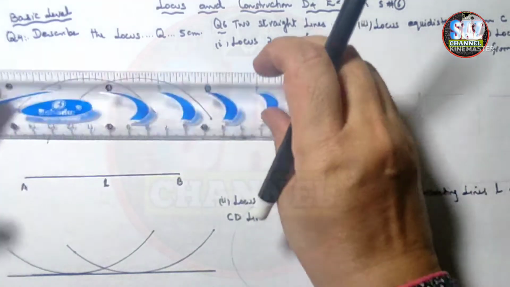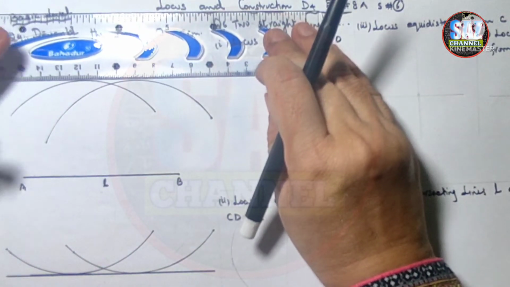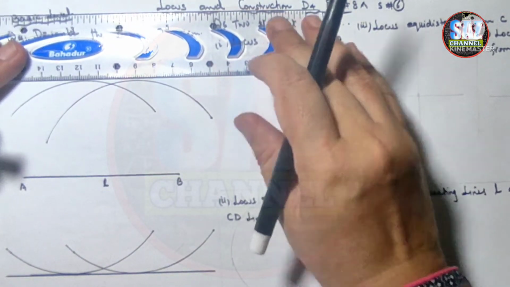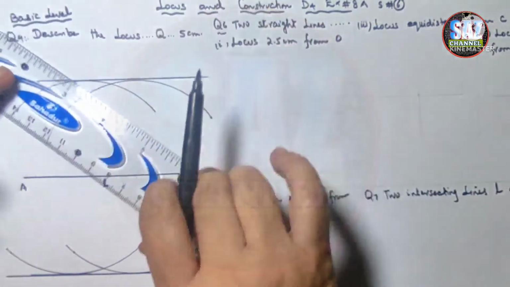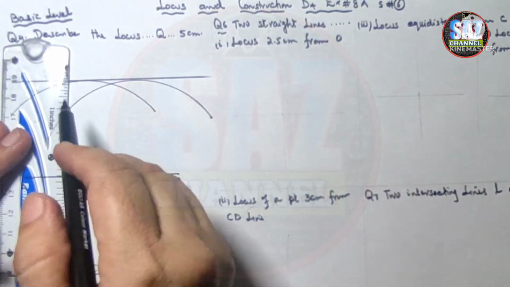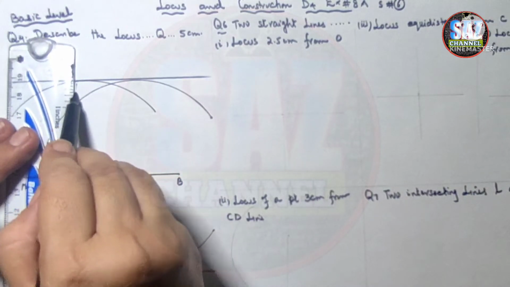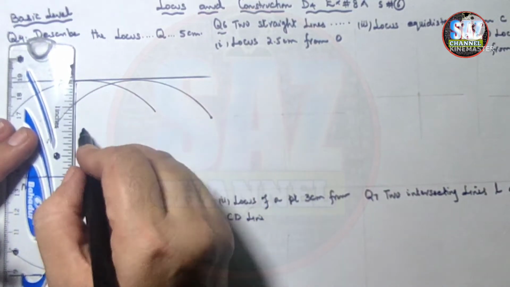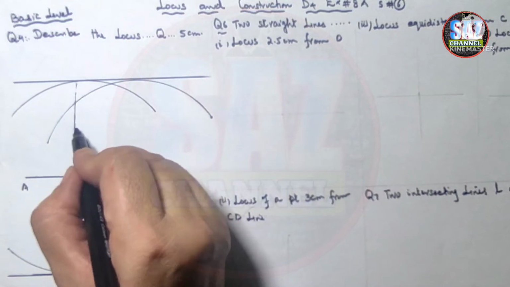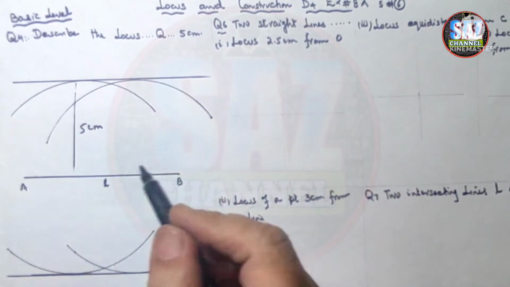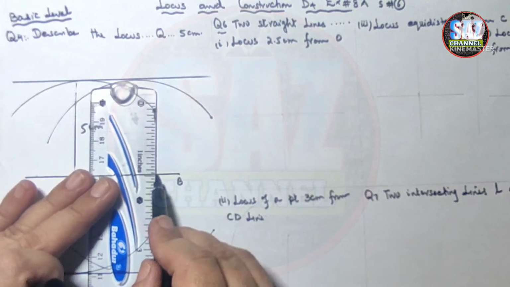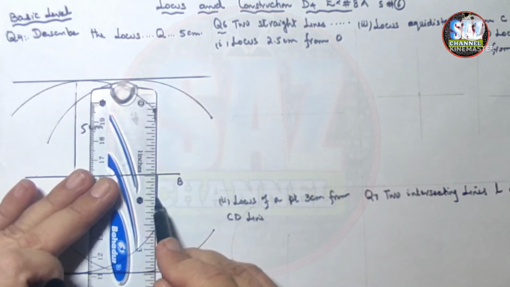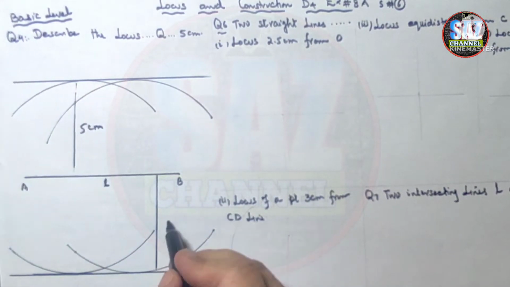In this way we will remain at equal distance from all parts of that fixed line. That is the reason for drawing these circular arcs. Okay, and this length is 5 centimeter, and this is again 5 centimeter, and this is your required locus.